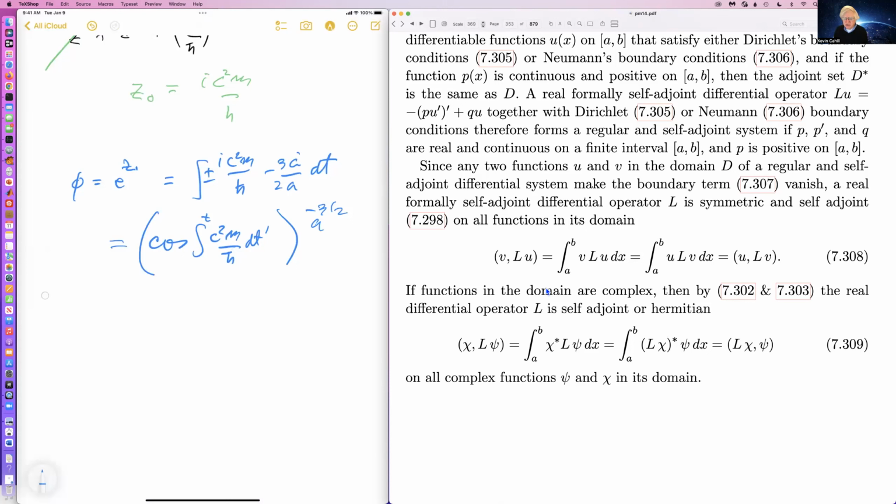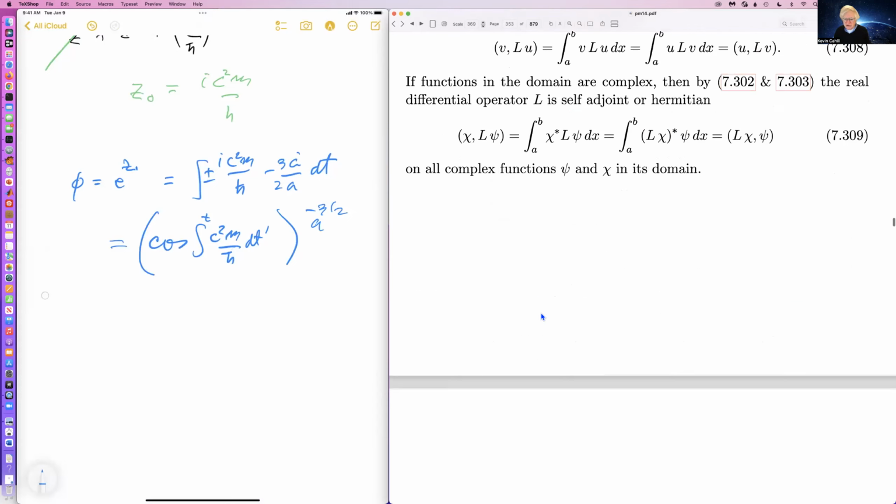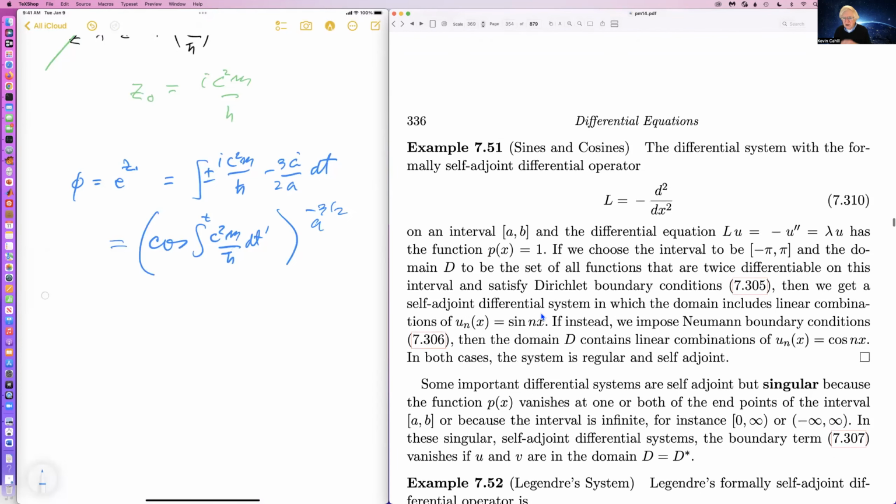If the domain is complex, then you have chi L psi, which is chi star L psi. You can write it as L chi star psi. And so then what you have is chi L psi is L chi psi. And so this is in effect a Hermitian matrix, and we say the differential operator is self-adjoint or Hermitian.